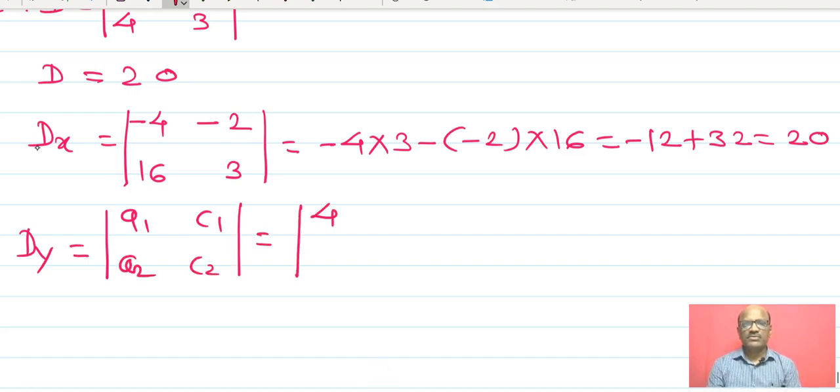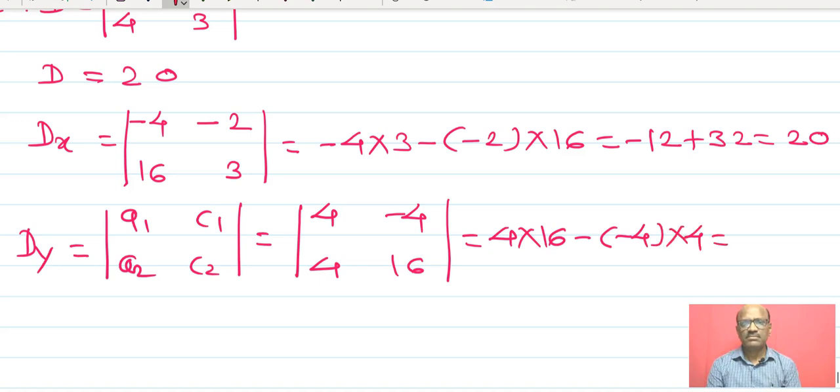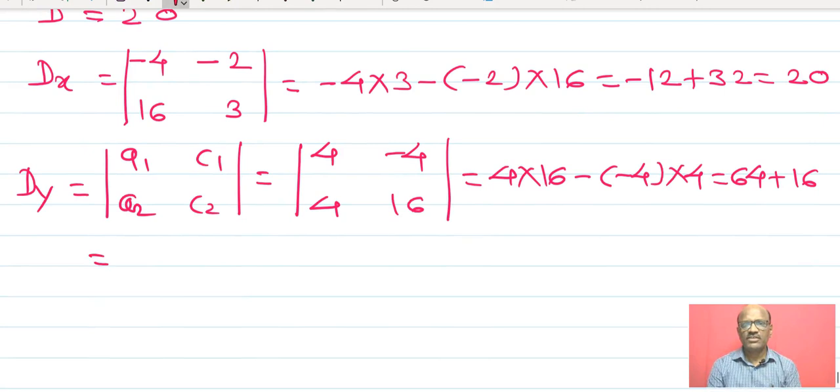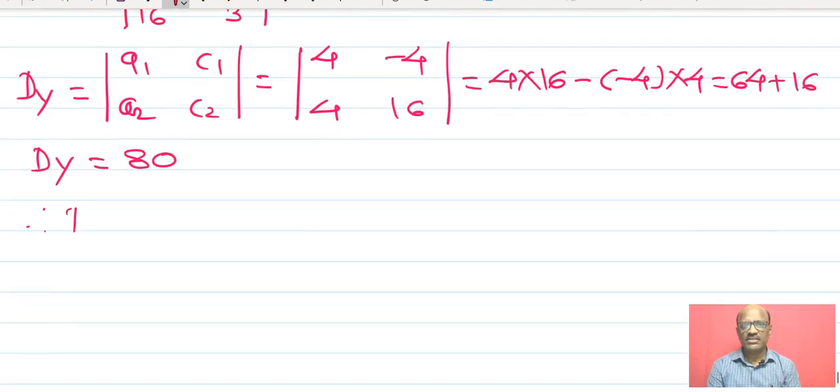that is 4 into 16, minus in bracket minus 4 into 4, 64 plus 16, that is 80. Therefore Dy is 80.